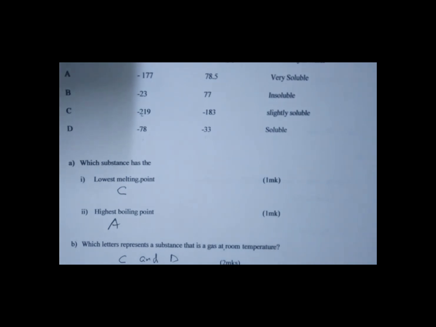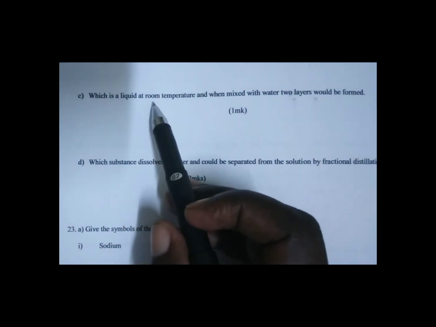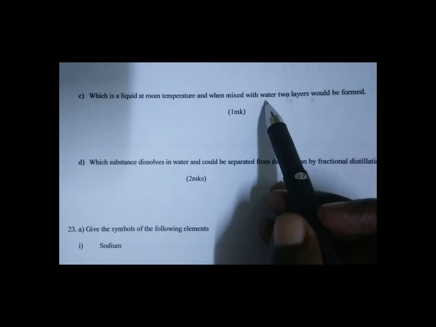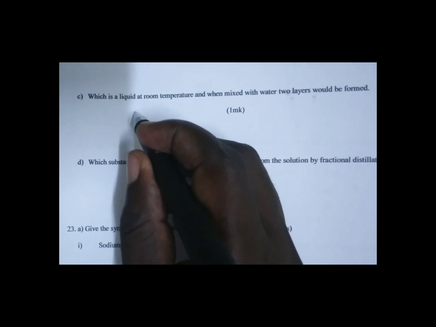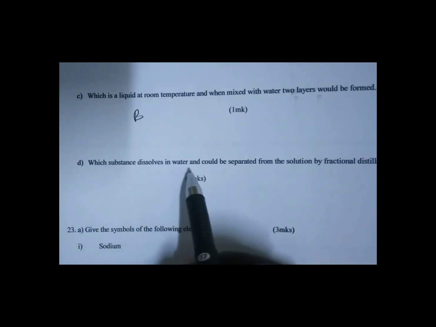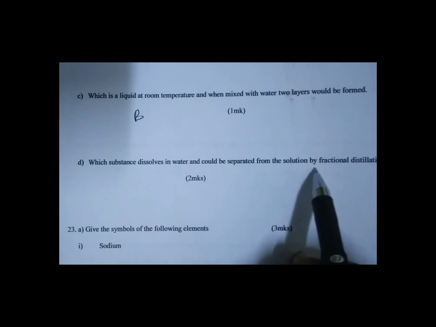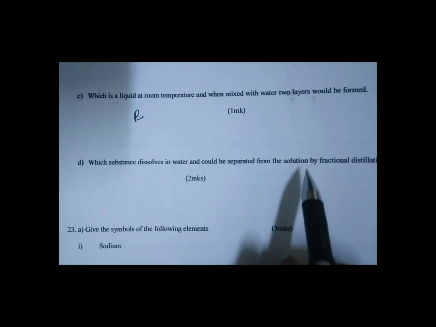Then now we go to part C of this question. Which is a liquid at room temperature, and when mixed with water, 2 layers would be formed? In this case, we have liquid B. Then D, which substance dissolves in water and could be separated from the solution by fractional distillation? We have that one that is very soluble in water, and that one is going to be substance A.